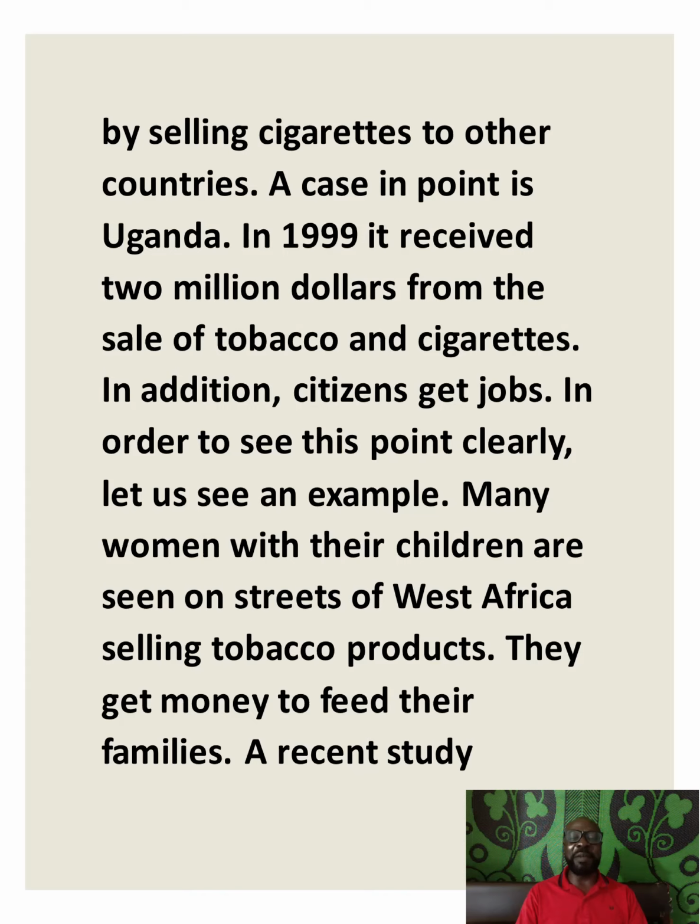Examples are very, very important, specific examples. Citizens get jobs. Which citizens? Where? When? Which jobs? Many women with their children. Who gets the job? Who are citizens? I give an example. Women and children are seen on the streets of West Africa. Where? West Africa, on the streets, selling cigarette or tobacco products.